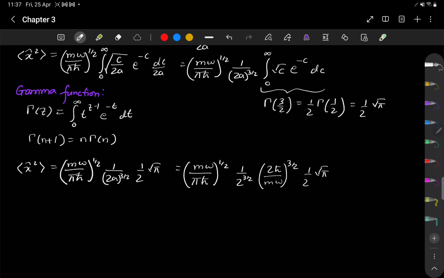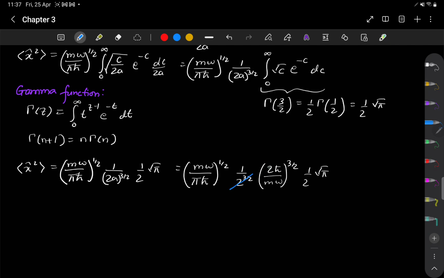Okay, I think I have made a mistake somewhere, or not. No, this looks completely fine. I have put in everything properly. Now let us see what all cancels out.